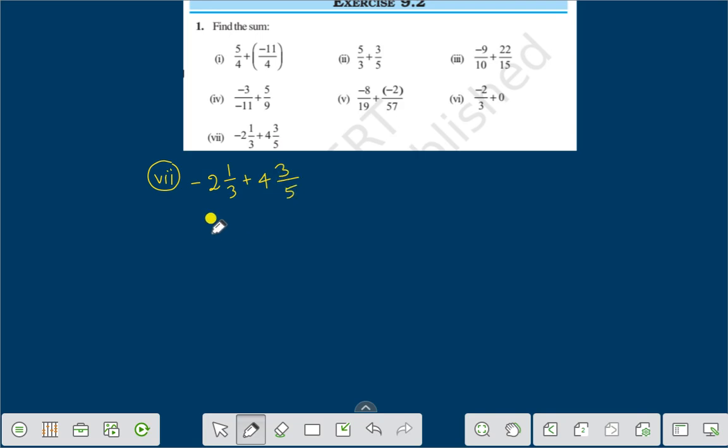That is, 3 twos are 6, plus 1 is 7, so minus 7 by 3, plus 4 fives are 20, plus 3 is 23 by 5.